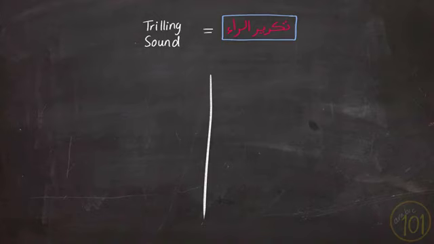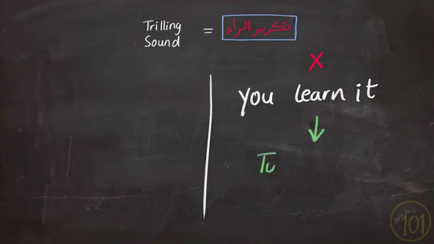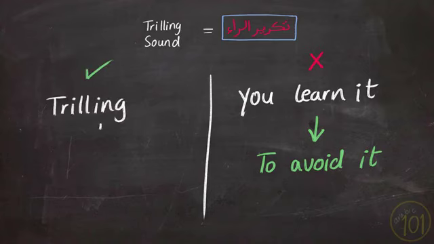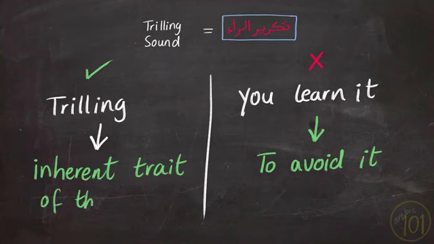On the one hand, there are those who've learned that takrir is entirely wrong, and it is a trait that you learn with the sole purpose of avoiding it. So for them, ra should be free of takrir. And on the other hand, there are those who learn that takrir is an inherent characteristic of the ra, and without it, ra cannot become a ra.